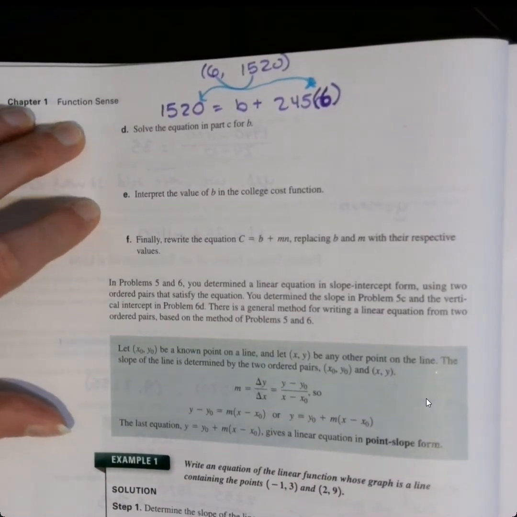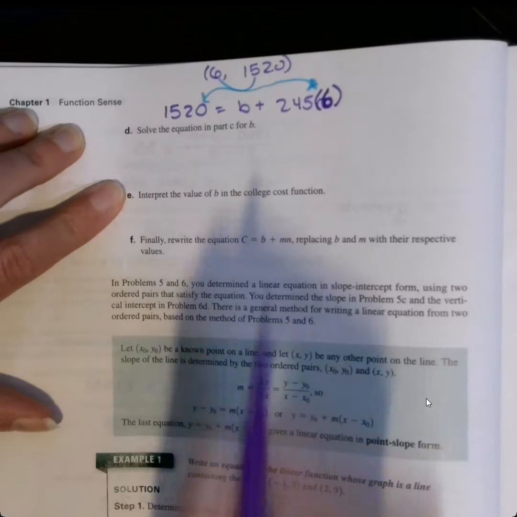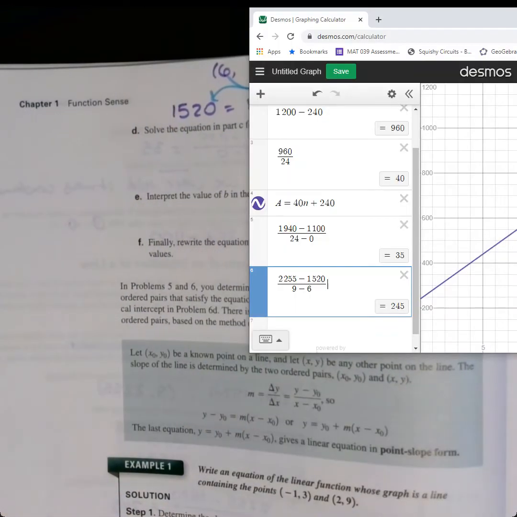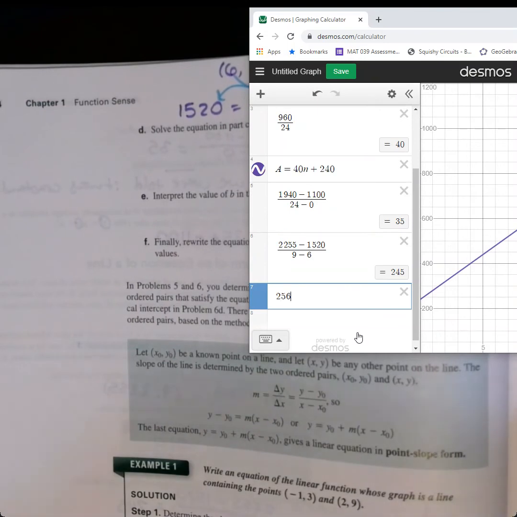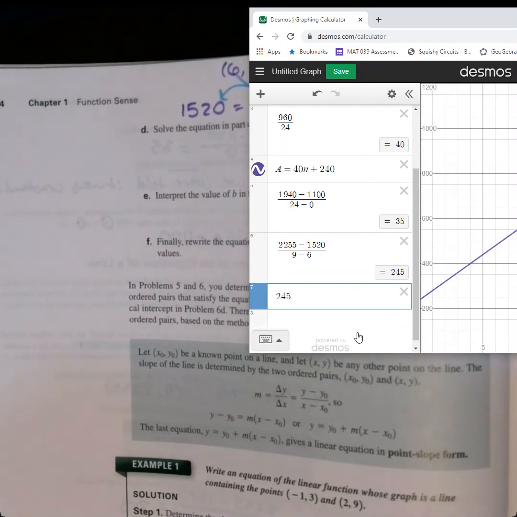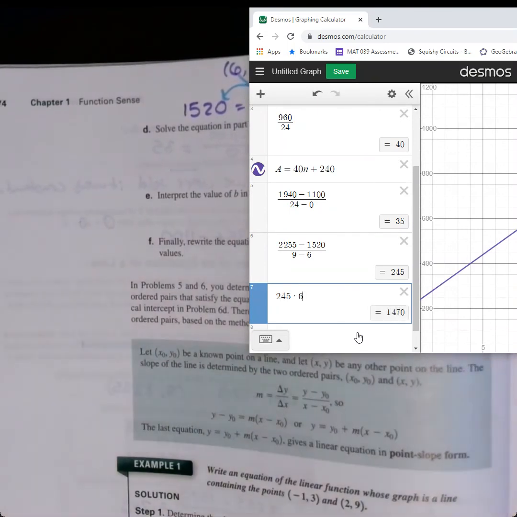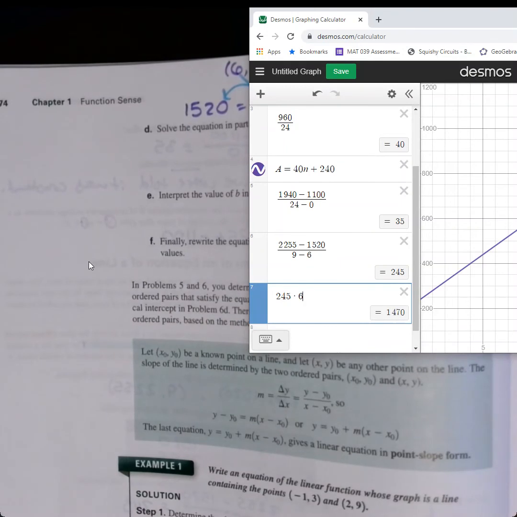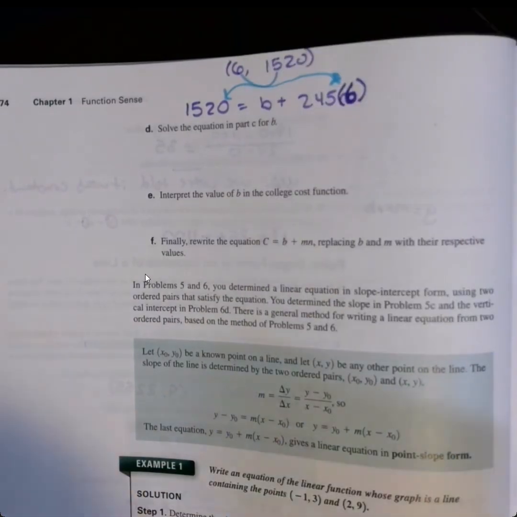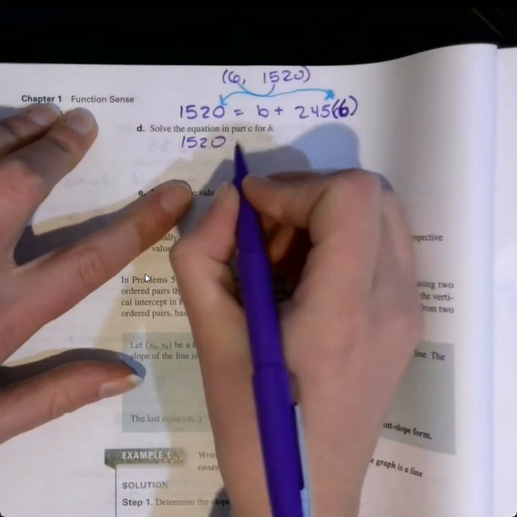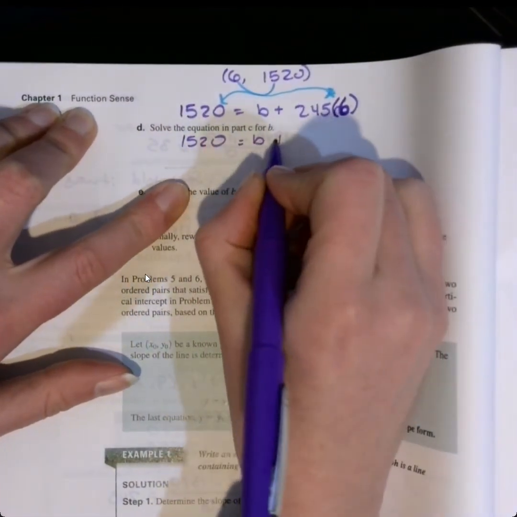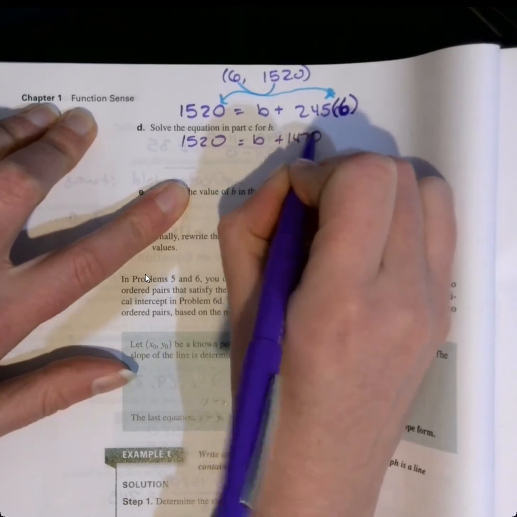Now I'm going to solve for B. So I need to figure out what 245 times 6 is. I do not know, so I'm going to multiply them. 245 times 6 is 1470. So now I have 1520 equals B plus 1470.